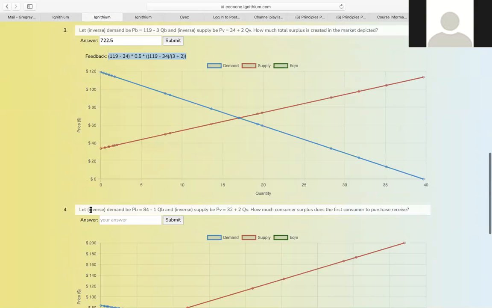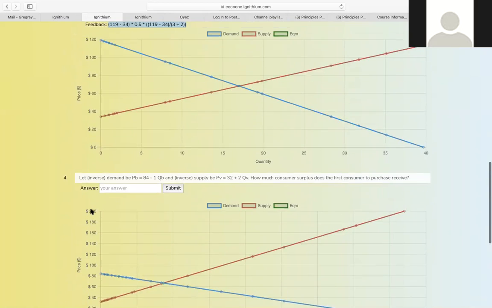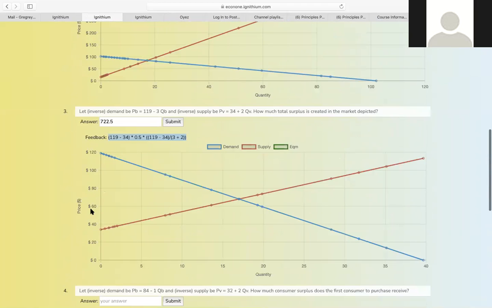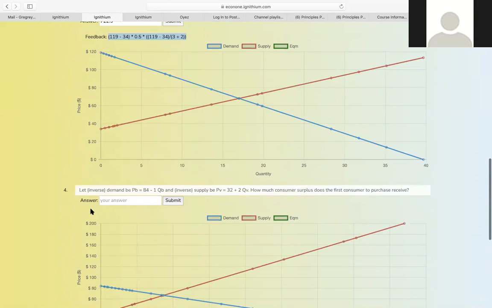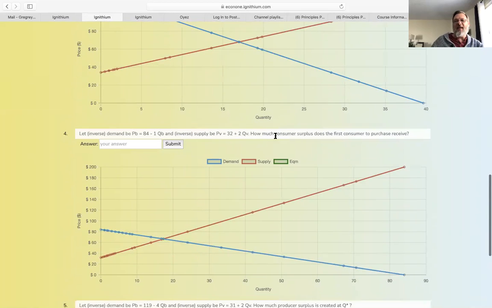Yeah, so that's what I was just making sure, that for the total surplus, you don't need to split it into 2 triangles. No. But this one is different because this is for the first consumer. So I have to say, okay, there's the equilibrium price, and the willingness to pay is 83.